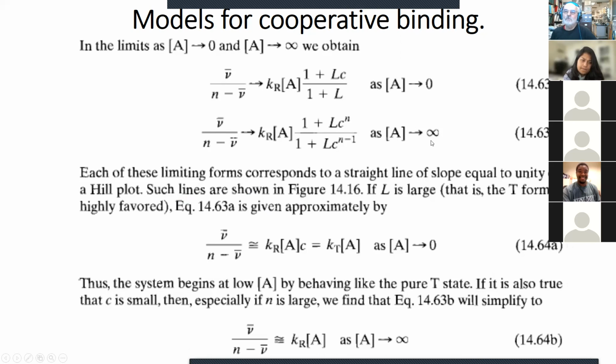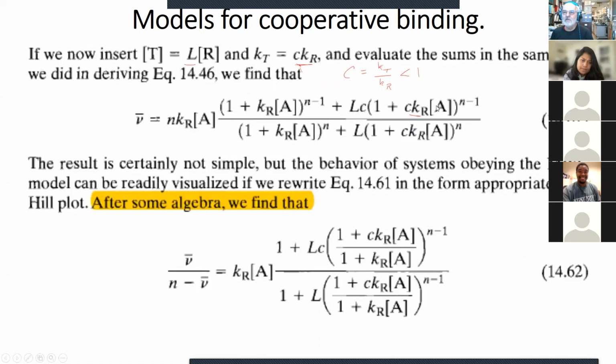If A goes to a really high concentration, okay, then that becomes the dominant term. The 1 essentially drops out, okay, and then, excuse me, I'm down here. I'm not up there. I'm down here. The A gets large relative to 1, and these terms then can be canceled.